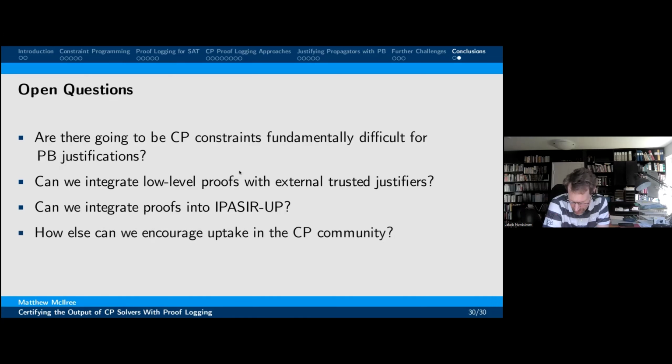And so one thing you mentioned already is the difficulty of writing the proofs. So my personal impression, rightly or wrongly, is that the reason proof logging is so successful in SAT is, as you mentioned during the talk, you really don't have to understand anything to write a proof.